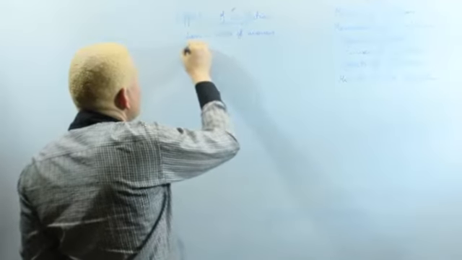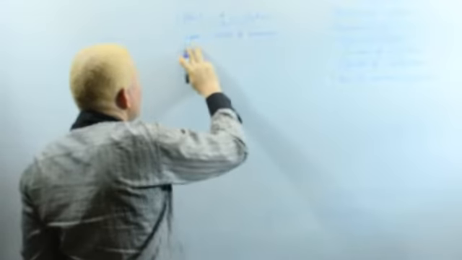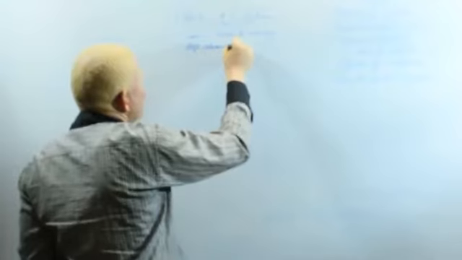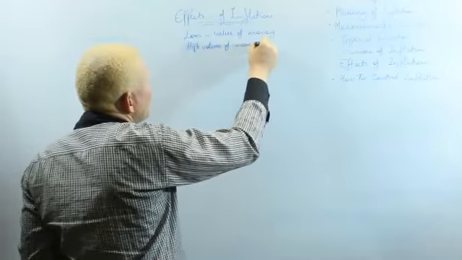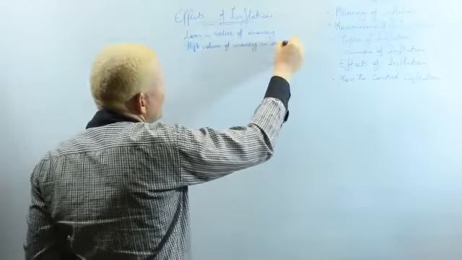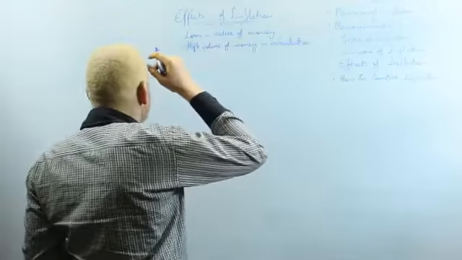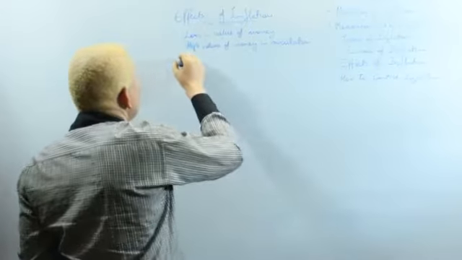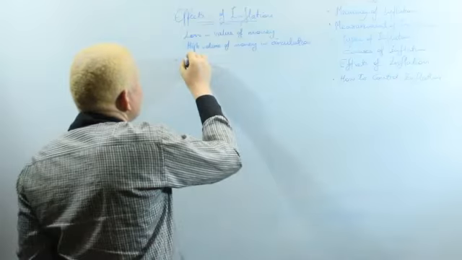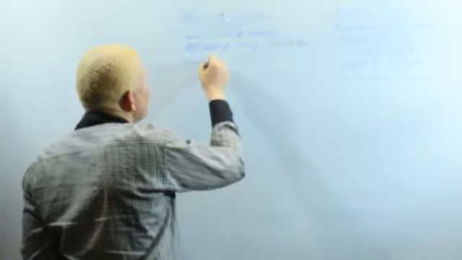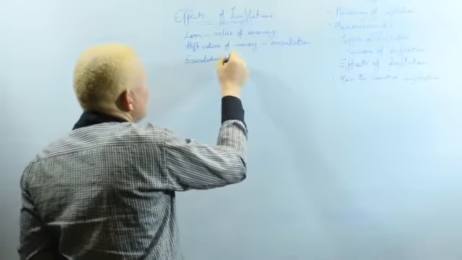Two, there is definitely high money supply, high volume of money in circulation. Three, escalation of poverty.